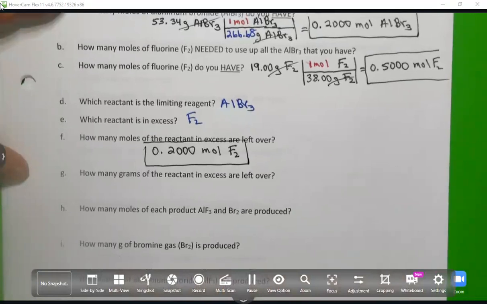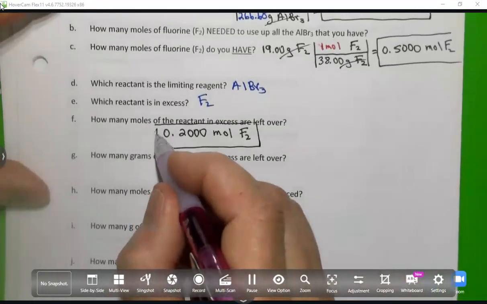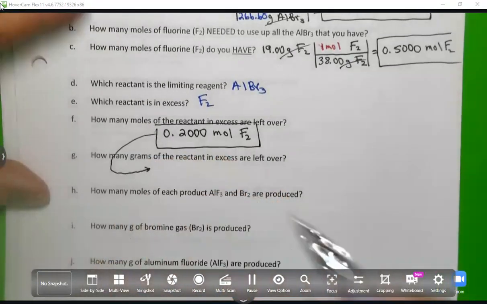Well, how many grams of the reactant in excess are left over? When we just take this right here, we're going to convert it to grams.